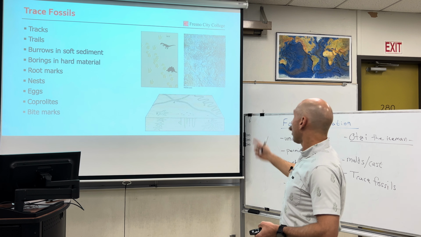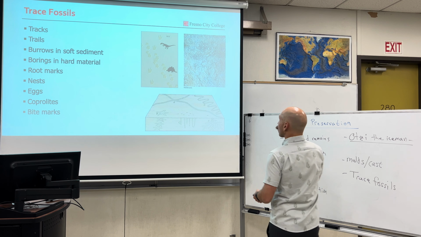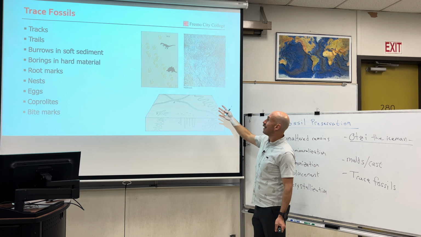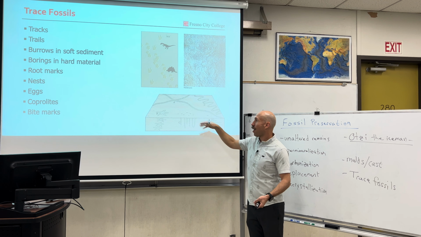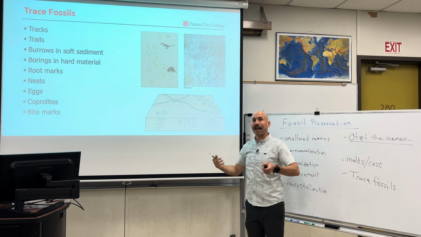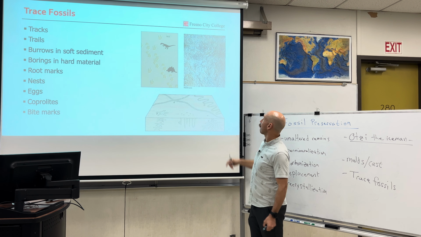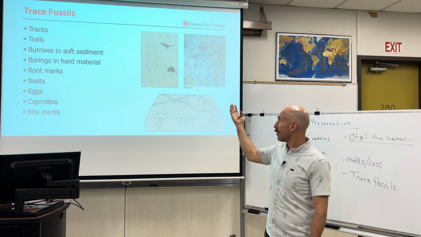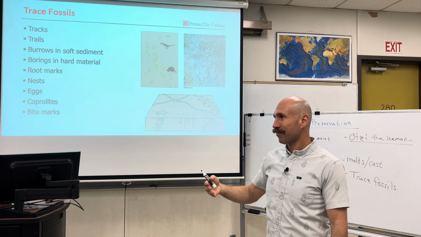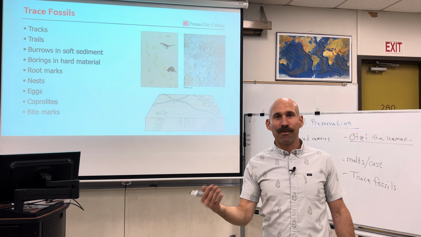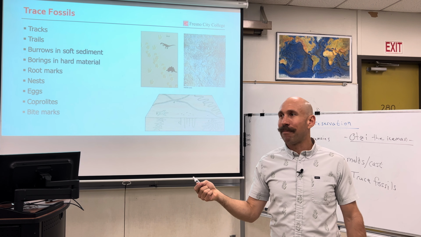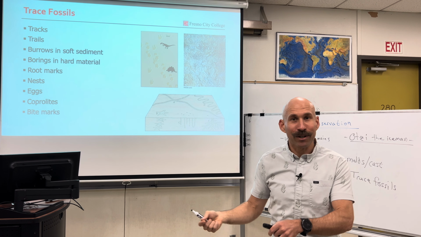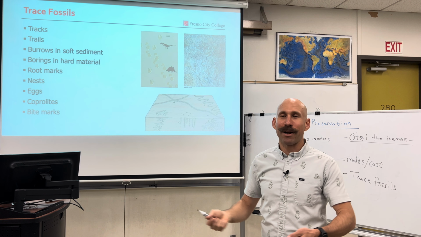We've got a lot of different types of trace fossils: tracks, trails, burrows, borings, root marks, nests, eggs, coprolites, a really fancy science word for poop, and bite marks that can be left on trees or wood. So lots of different ways to understand the behaviors and the movements of organisms by the indirect evidence left behind, also preserved in the stratigraphic record.